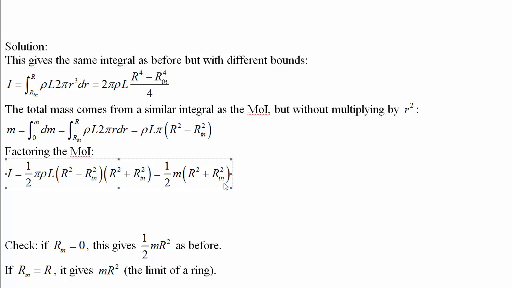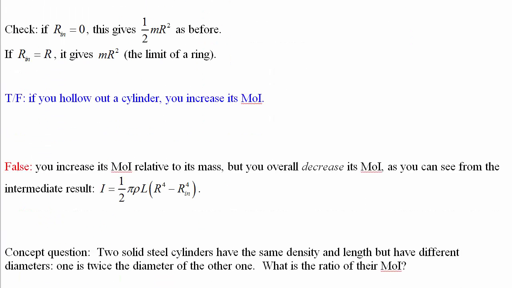But if you're hollowing out the cylinder, you don't just increase r in, you decrease m at the same time. It's better to use this formula in terms of the density if you're hollowing it out, because then the density stays the same even though the mass changes. So this is a better formula to use. You can see that as r in gets bigger, the moment of inertia gets smaller.